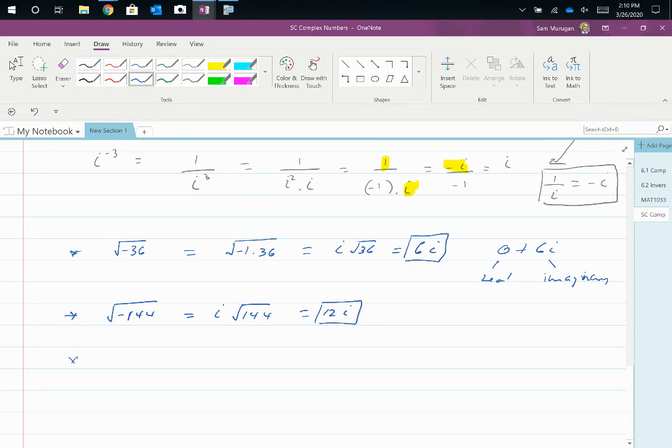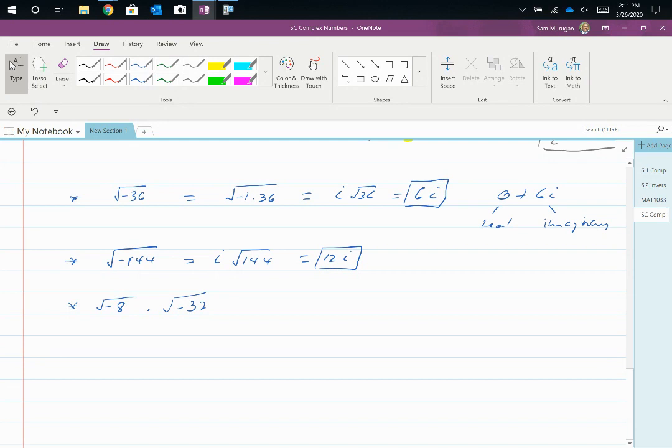This becomes really interesting when we're dealing with negative square roots multiplied. The rule is no longer to multiply -8 times -32. Instead, we convert it to a complex number.